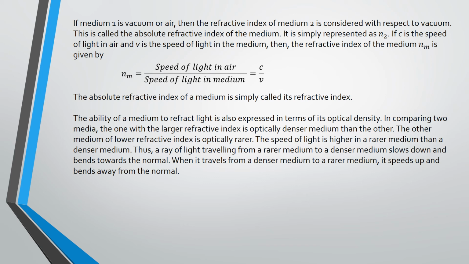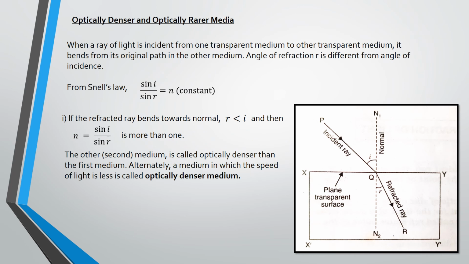Optically denser and optically rarer media. When a ray of light is incident from one transparent medium to another transparent medium, it bends from its original path in the other medium. Angle of refraction R is different from angle of incidence. From Snell's law, sin I by sin R equals n, which is a constant.